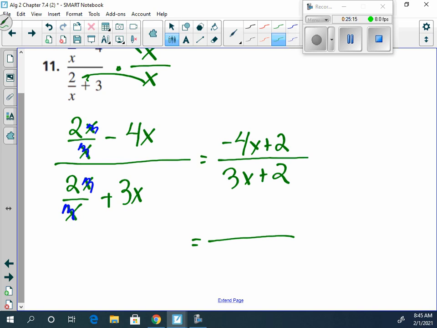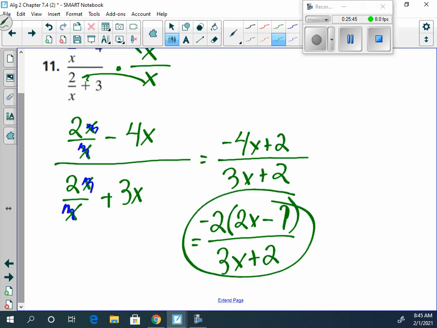Well, we can factor out the negative because the x is negative, but there is a common factor of 2 between 4 and 2, which will leave us with 2x minus 1. Since we factored a negative out, the signs would change. Since the 4x was negative, it is now positive. And since the 2 was positive, it is now negative. And that's it. And our only restriction was that x cannot equal 0.